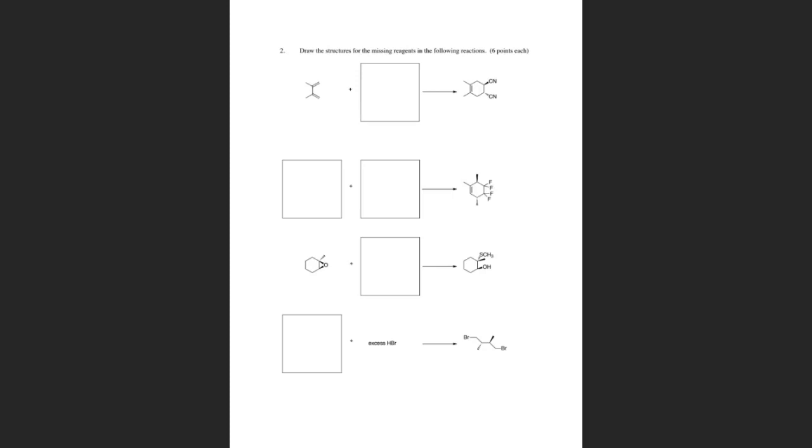Do y'all know what this reaction is called? It is Diels-Alder. So let's do 5 minutes again. And I want y'all to fill in the missing reagents for the first 2 only, and then we can talk about it.